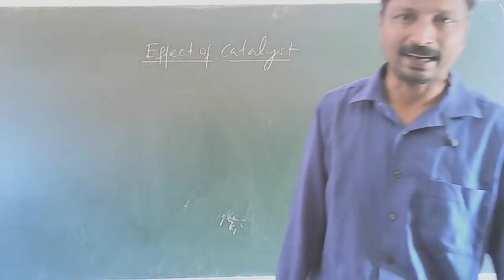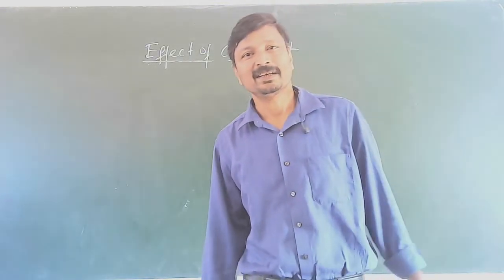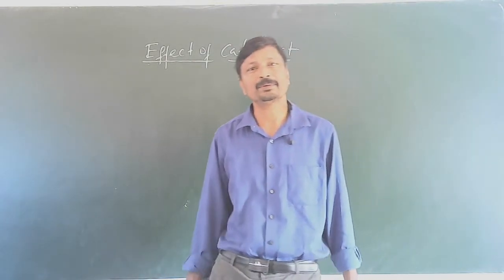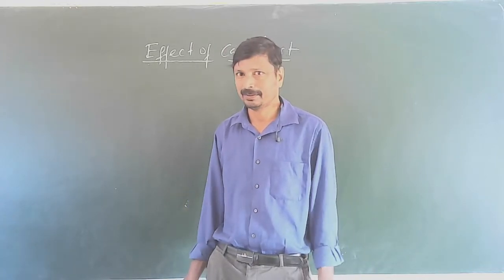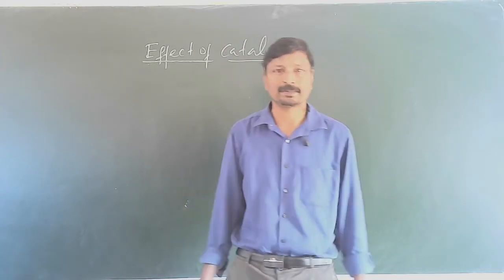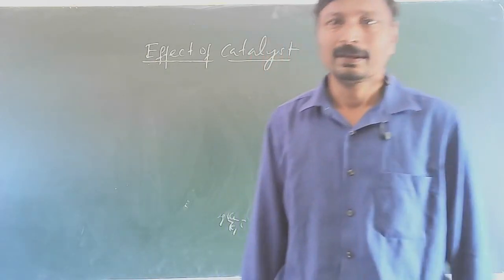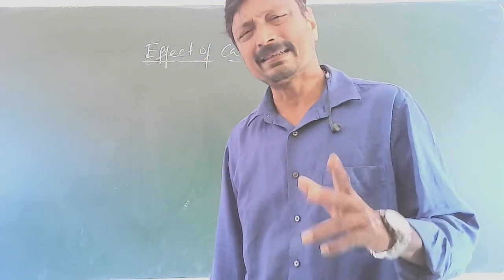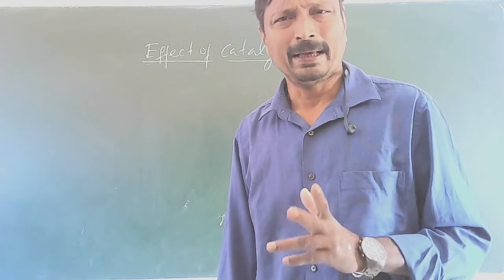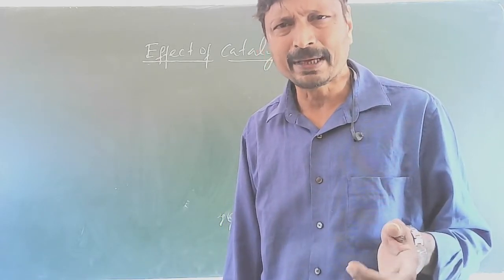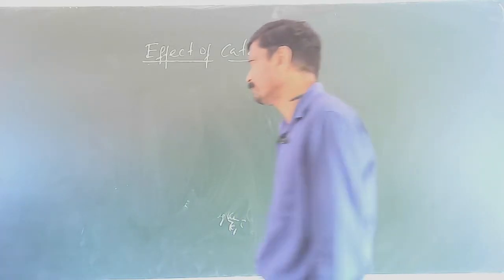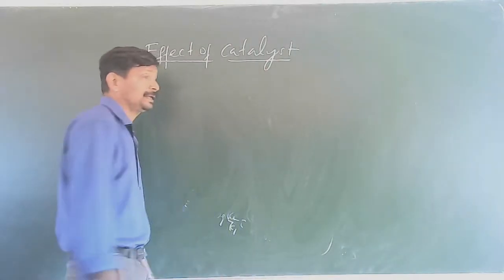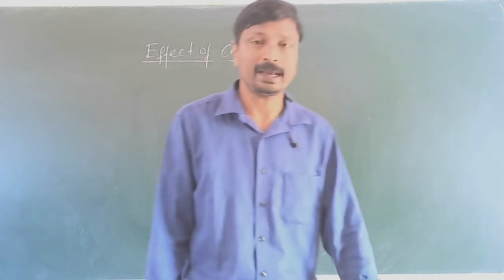So you know what a catalyst is? A catalyst alters the rate of the reaction without undergoing any chemical change at the end of the reaction. You have studied this in the surface chemistry chapter. A catalyst increases the rate of the reaction. Anything which decreases the rate of the reaction is called an inhibitor. How does the catalyst increase the rate of the reaction?